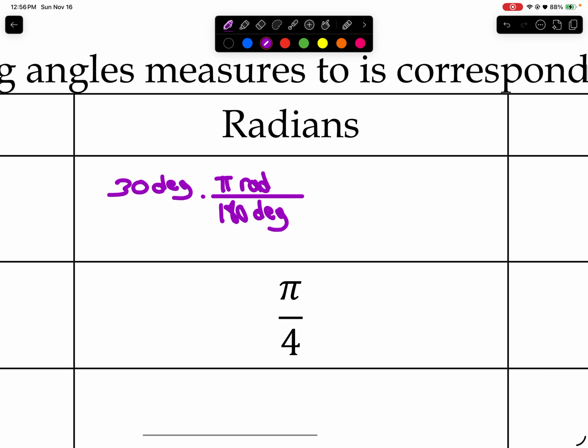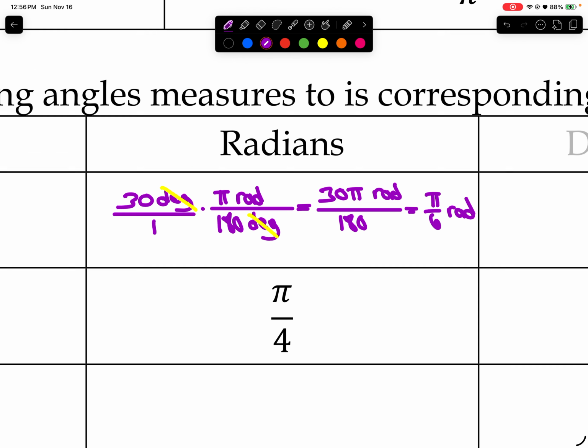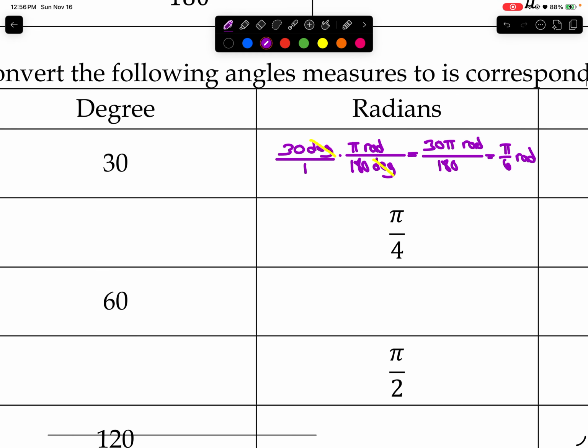The 30 degrees over here is just over 1. Your degrees are going to simplify, so I'm left with 30 pi radians over 180, which simplifies to pi over 6 radians. That's if we want to look at the units in particular, but we're just going to write it in a simpler way.